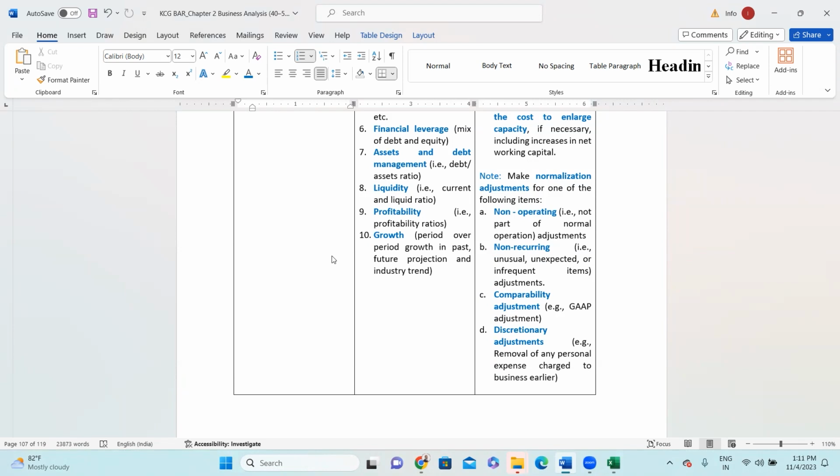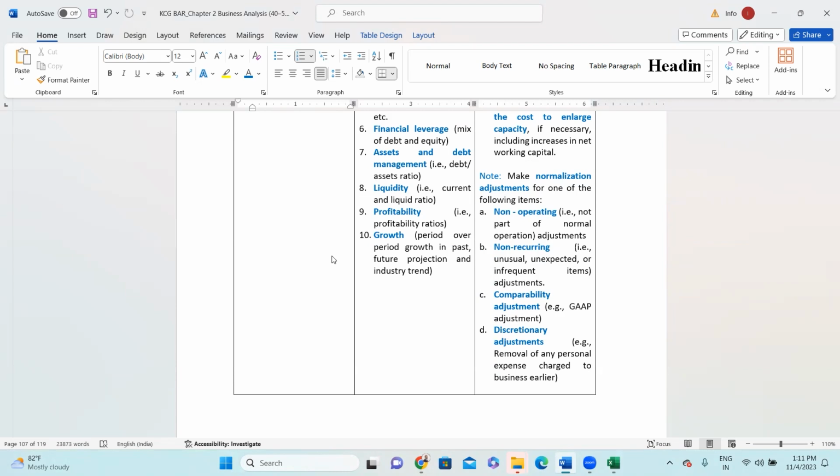First thing is if there is any non-operating activity that is not part of your operation, you make an adjustment to that, just plug it out, right? Second is non-recurring activity. For example, any unusual activity, unexpected activity or infrequent item which you need to adjust. That means that was a one-time activity, it's not your recurring business activity.